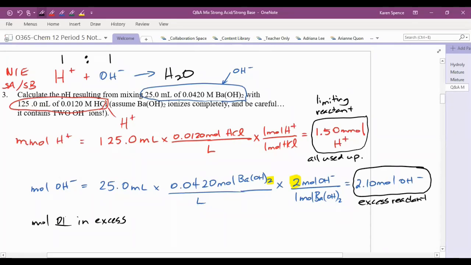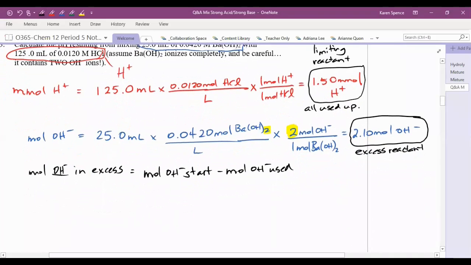We want to find the moles of OH minus which are in excess. Well, that's going to be the moles of OH minus at the start minus the moles of OH minus used. The moles of OH minus at the start is 2.10 millimoles.